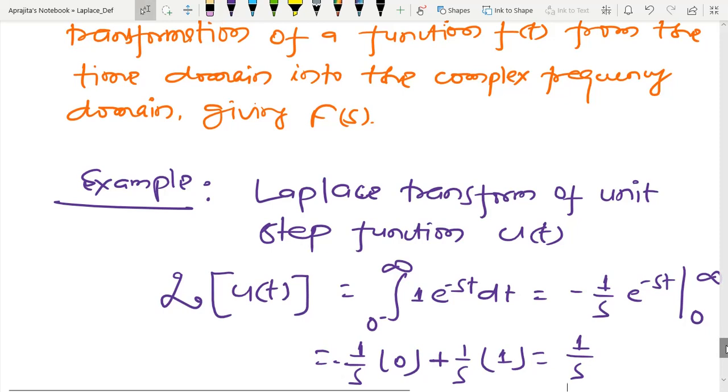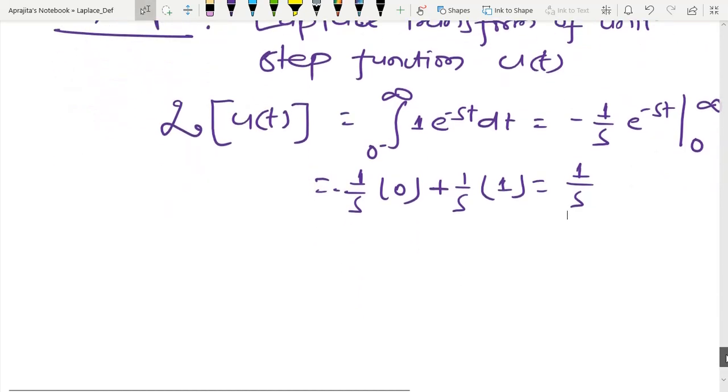Similarly, I can also calculate the Laplace transform of some other function like the impulse function.